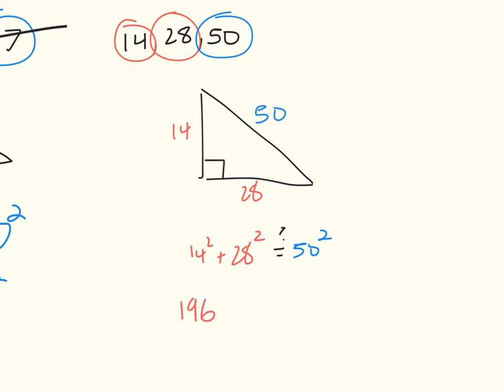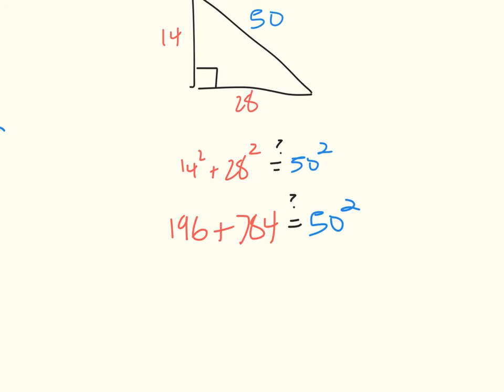14 to the power of 2 is 196, plus, let's see, 28 to the power of 2 is 784. My question is, does that equal 50 to the power of 2? Let's see, 196 plus 784 is 980.